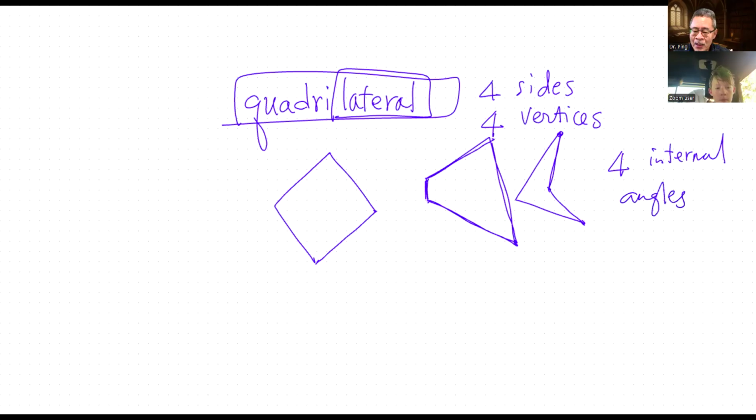When we did triangle, we said there are three angles. You can also call a triangle a trilateral, three sides. But when we're talking about quadrilaterals, we're just using quadrilateral instead of quadrangular. You can still call it quadrangular, but the normal name is just quadrilateral.